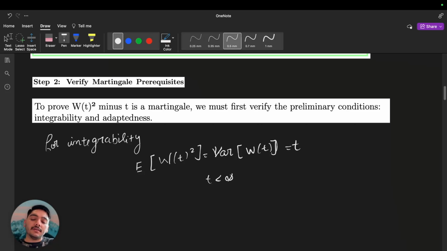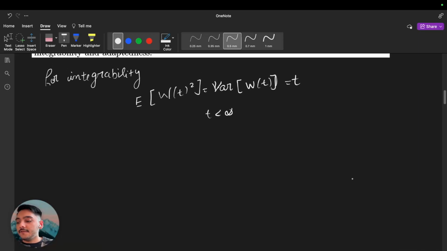And we can bound the absolute expectation of our process.